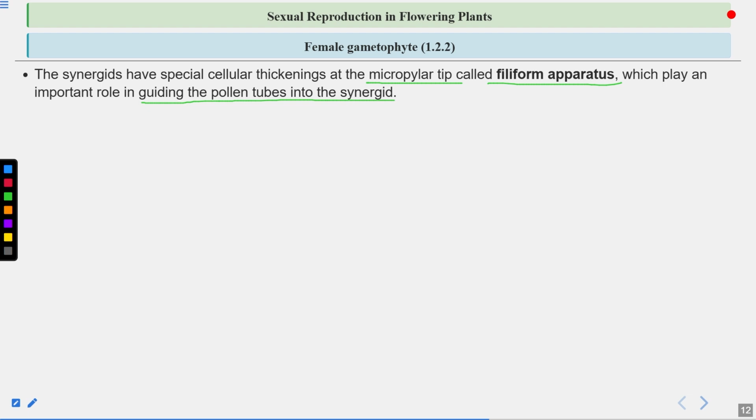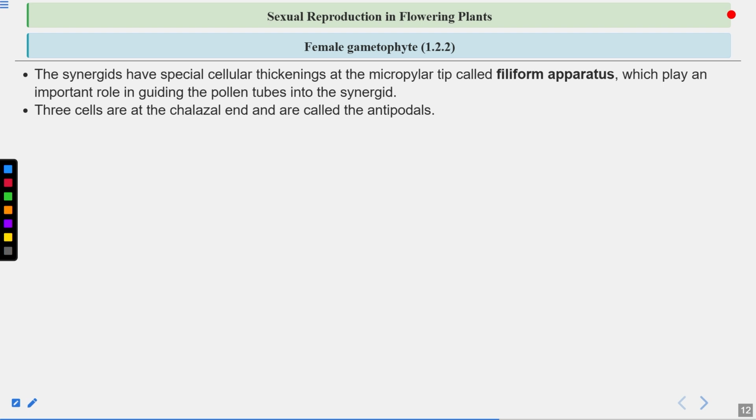So, if it is asked the function of the filiform apparatus, you will write that it helps in guiding the pollen tube. If it is asked what is the role of the synergid, since the filiform apparatus is a part of the synergid, the function will be the same. And it receives all the contents of the pollen tube also.